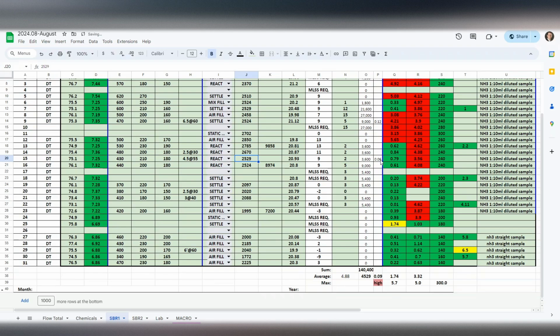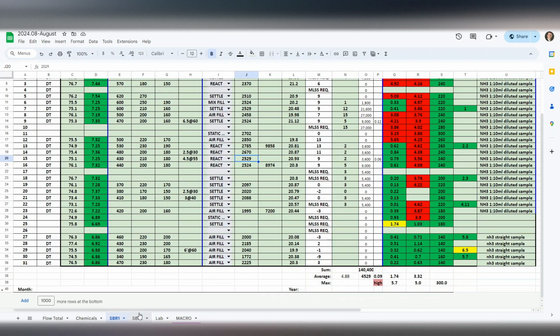A higher food to mass ratio means you want a higher MLSS in the tank to bounce that down. So you can see here, if I put this like 2900, this will lower the food to mass ratio there.